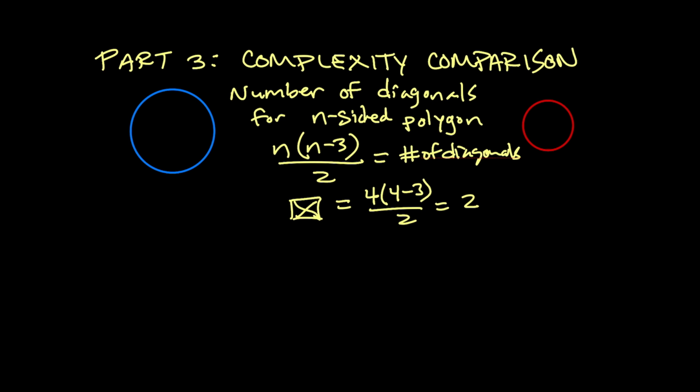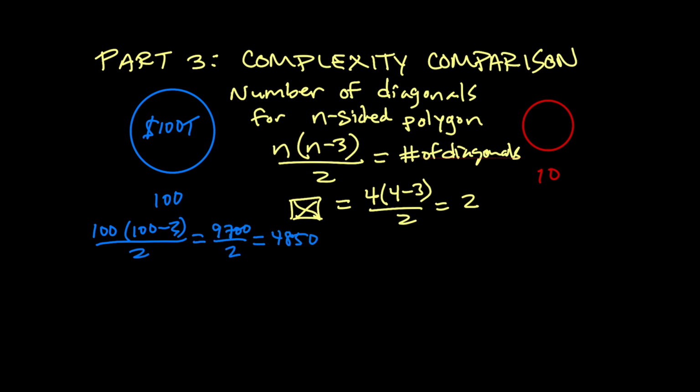So we need to quantify complexity. So we're going to start with a base complexity of 100 for Earth and 10 for Mars. Same money supply for Earth as before. The base complexity is our n. So for Earth, we calculate out 4,850 number of diagonals, and for Mars, we calculate out 35 number of diagonals.